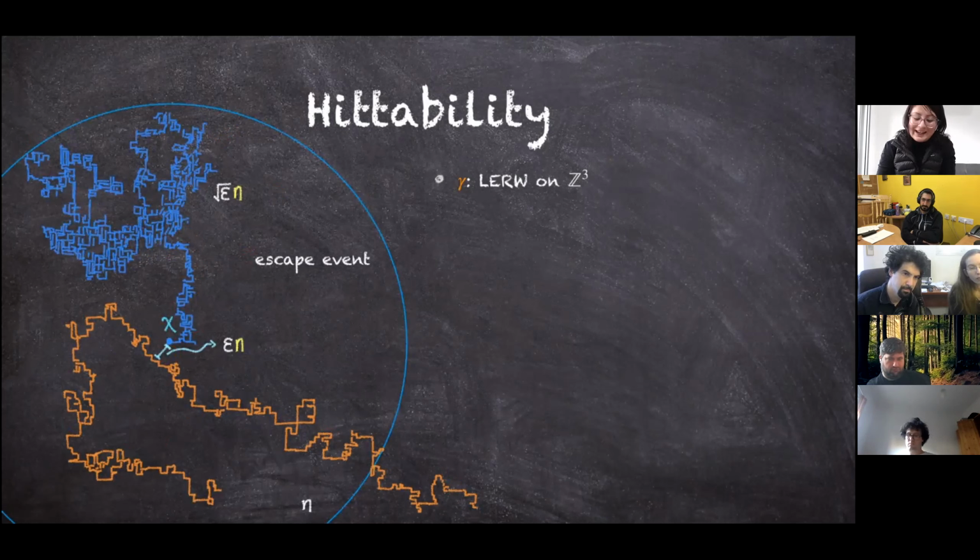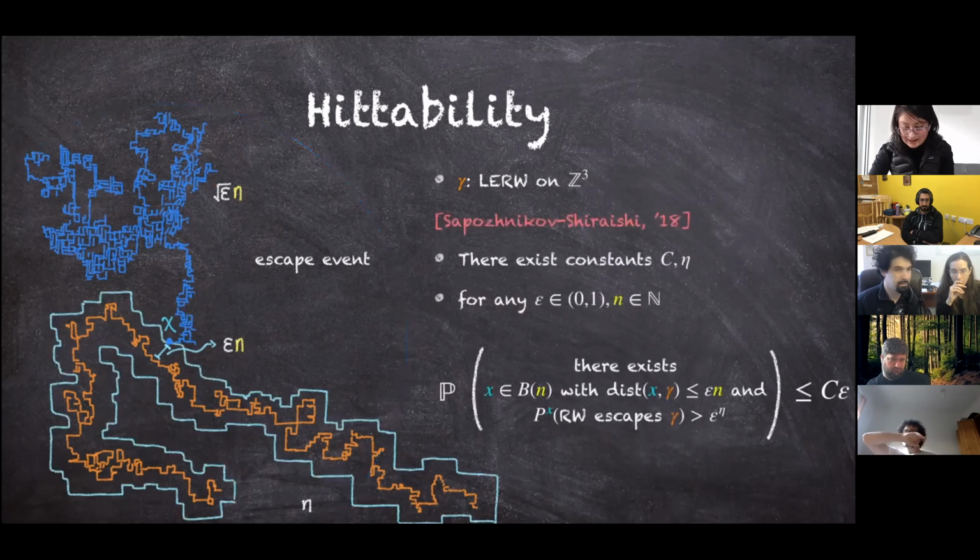So what we want to say is that this doesn't happen with high probability, that most of the paths are rough enough so that your random walk is unable to escape up to this distance without touching this loop-erased random walk gamma.